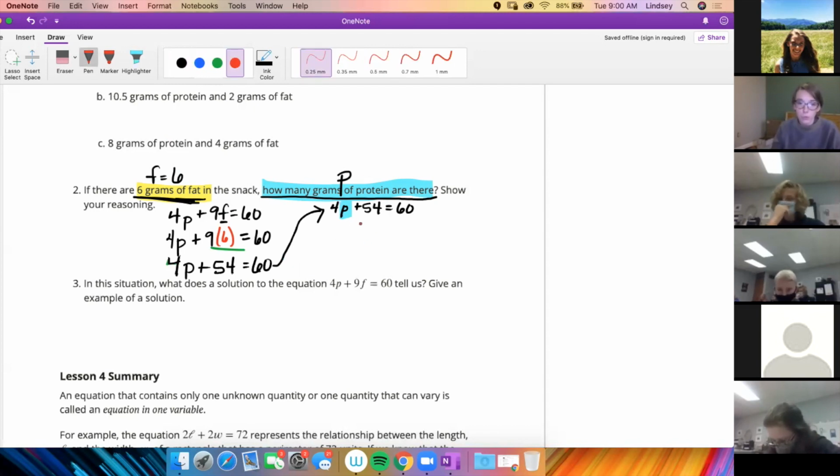You're gonna subtract 54 from both sides. All right, what happens to my 54s? They cancel. I'm left with 4P equals, what's 60 minus 54?